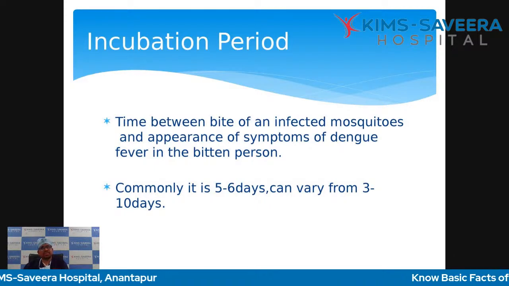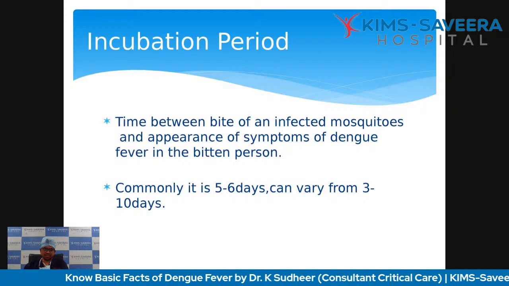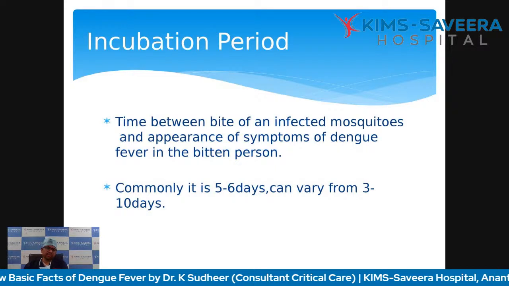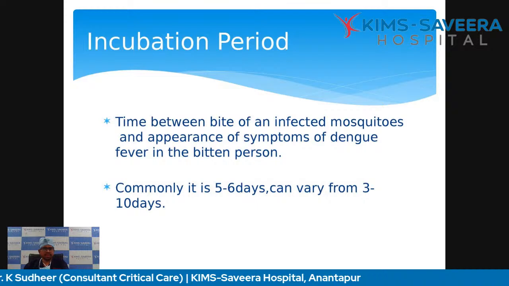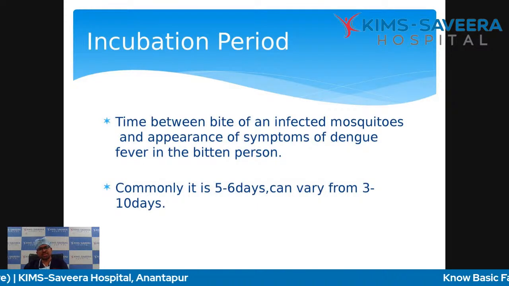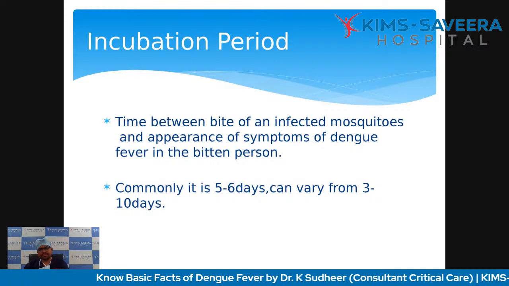Generally, the patient will give a history of travel: sir, one week back we had a travel, and today I am presenting with a fever. This is a common history because the mosquito bite may have happened 5 to 6 days prior, and this is called the incubation period, where no symptoms are there.